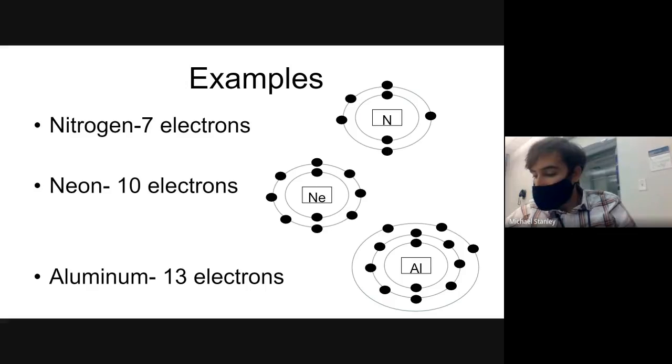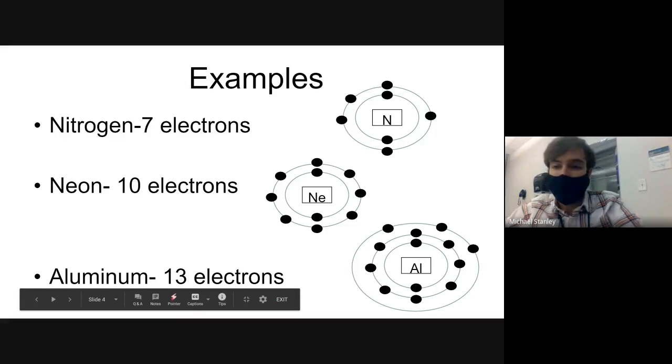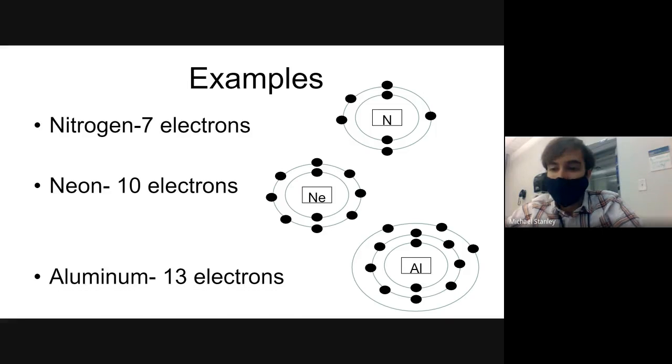All right, cool. So here is a little bit nicer view of what a couple of those electrons might look like. So here's our nitrogen atom. Remember, we had the 2 on the first shell and the 5 on the second shell to give 7.